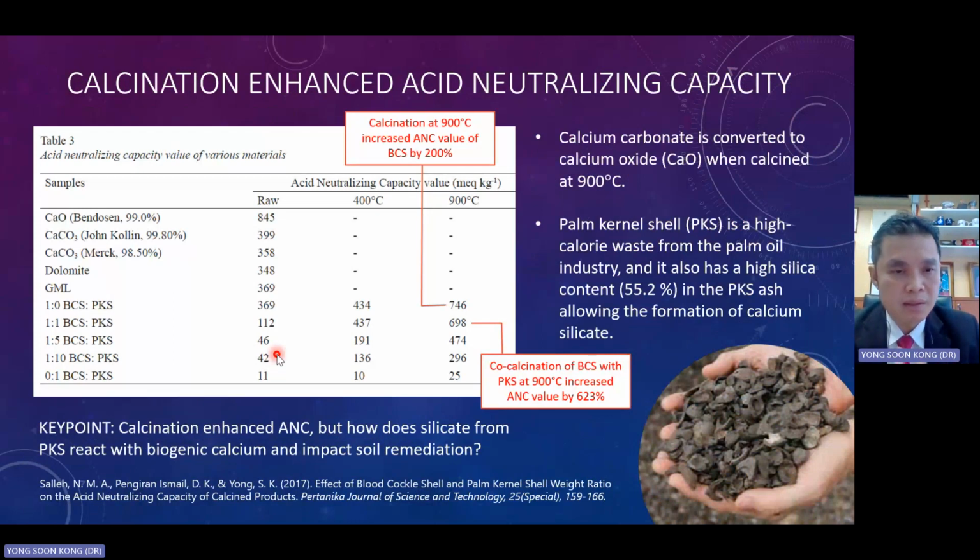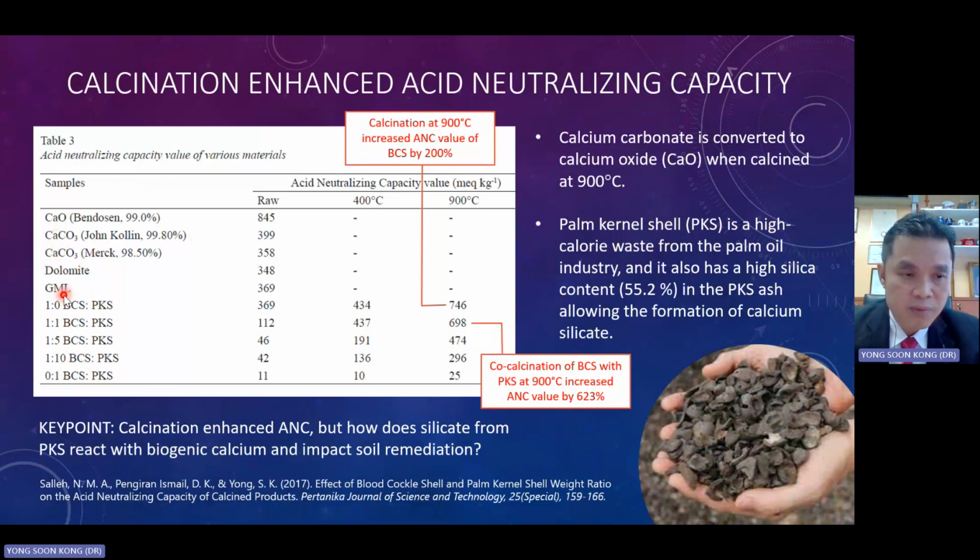This part is where I have done some preliminary study just to investigate the potential of blood cockle shell as a source of biogenic calcium. To begin with, this material has been compared with a lot of calciums coming from commercial liming agents such as dolomite and ground magnesium limestone, and also other pure chemicals such as calcium oxide and calcium carbonate.